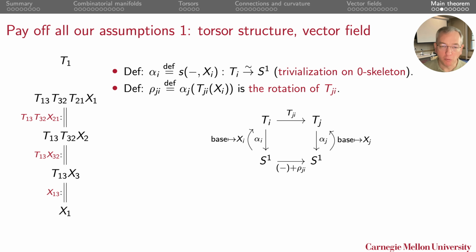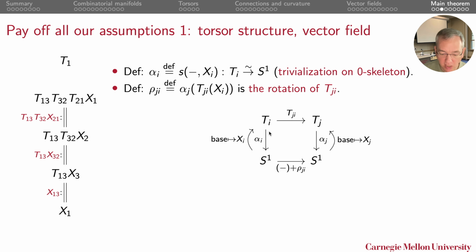So for example, rho ji will be what tji does, but now looked at in S1. It's the rotation that tji performs. So you can think of it with this commutative diagram. You've got tji, which we defined a while back.